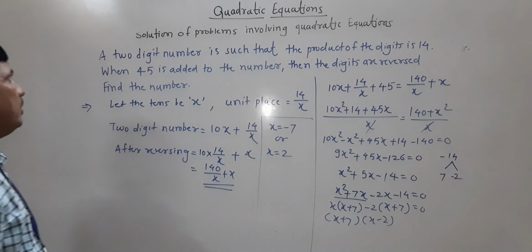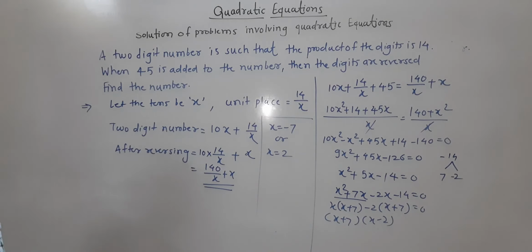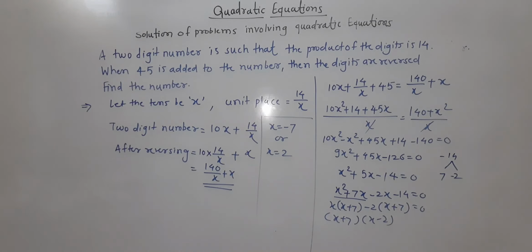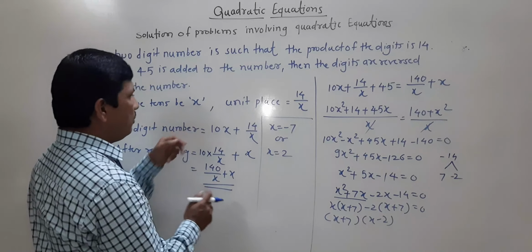Okay, a 2-digit number is such that the product of the digits is 14. When 45 is added to the number, then the digits are reversed. Find the number. So x is equal to 2. We will consider x is equal to 2. So now what is our original number?